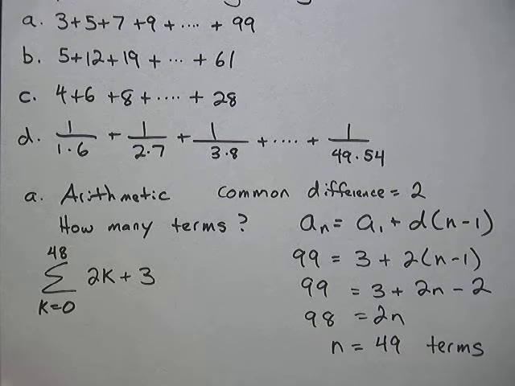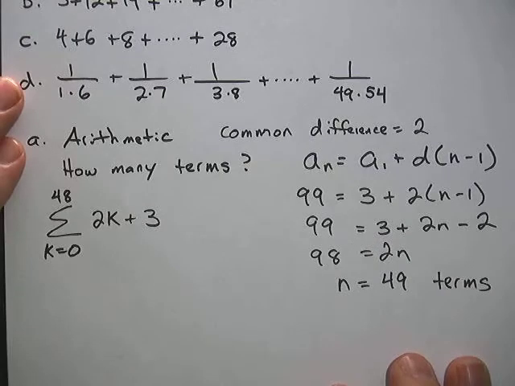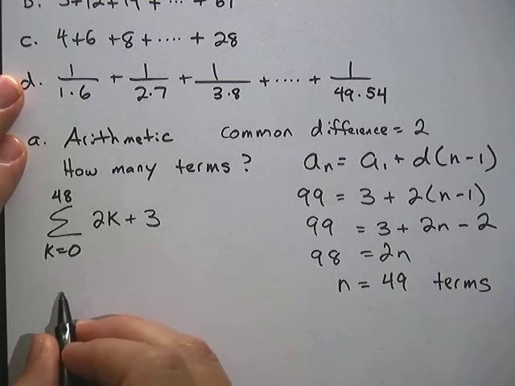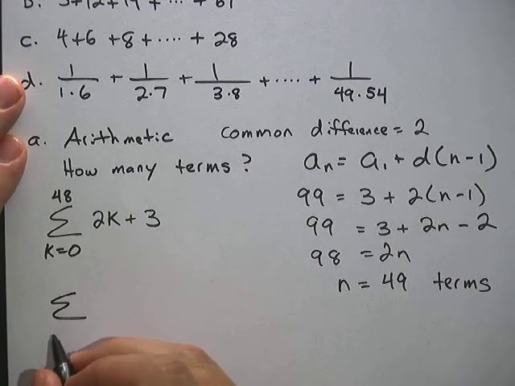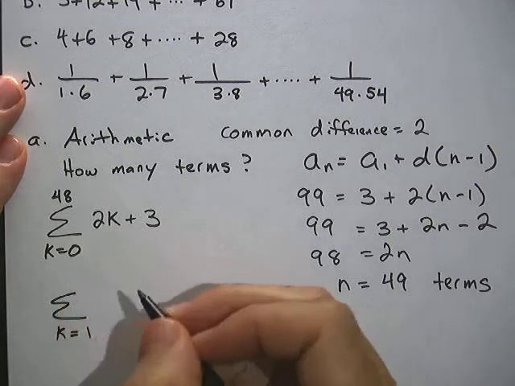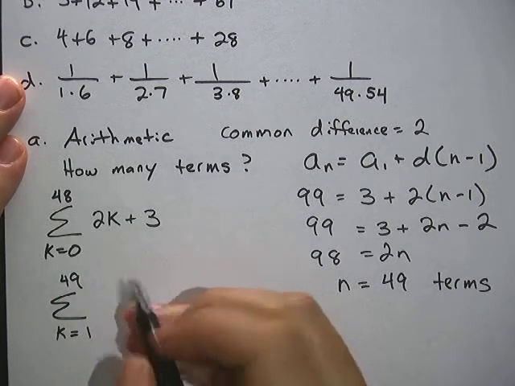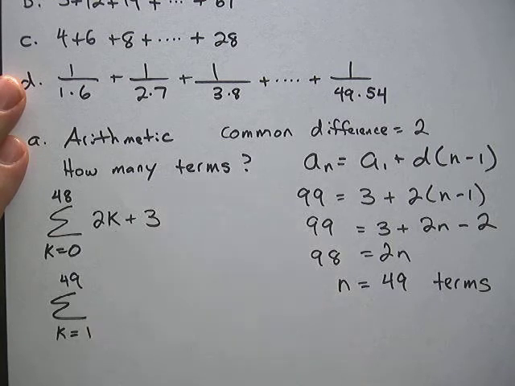So it works. If you are told that you need to write this starting at k equals 1, you can do that as well. You just subtract 1. So we're starting at k equals 1, and that means that we're going to go to 49. That means that we need to subtract 1 in here to make that true, because we're going to be starting at 1, not 0.